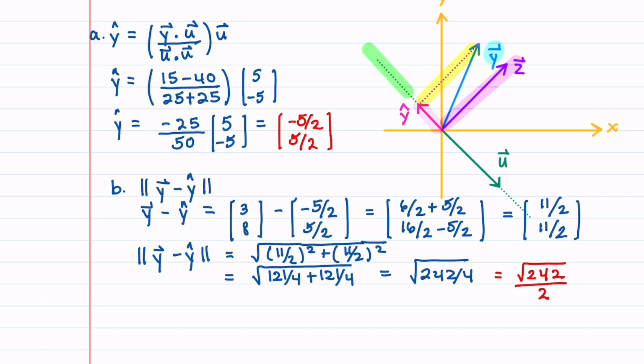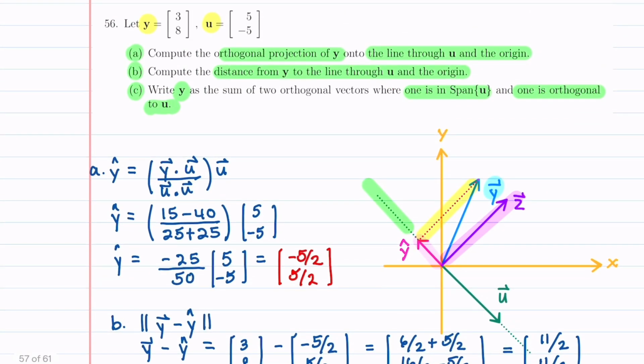Now let's do part C. We'll go back up and look at what that says. Part C says that we're going to write y as a sum of two orthogonal vectors, one in the span of u and one orthogonal to u. So let me make a note that our y hat right here is our vector in the span of u.